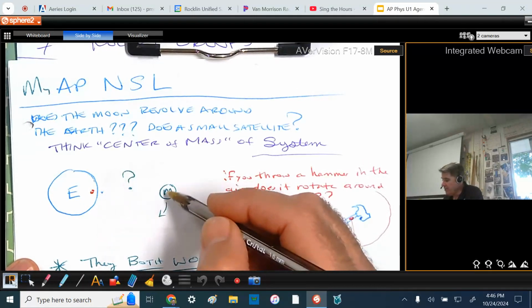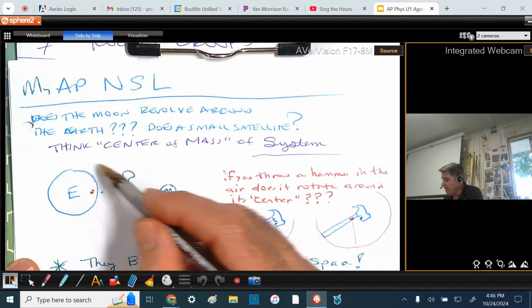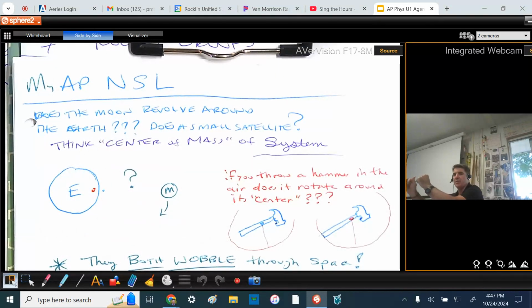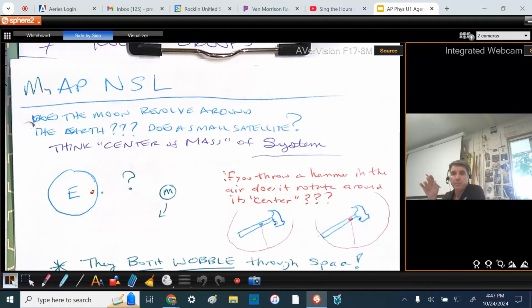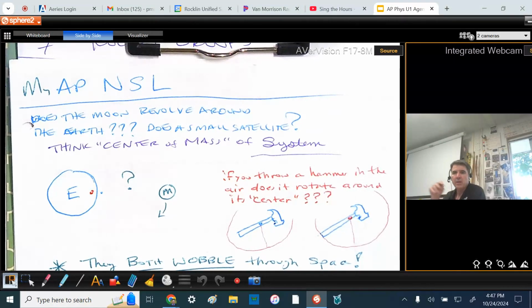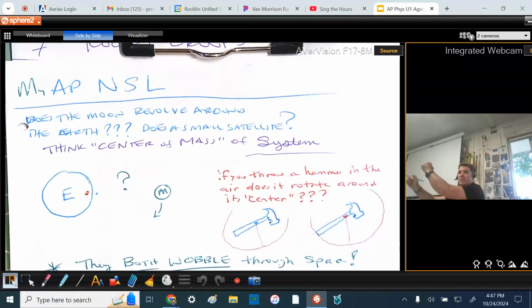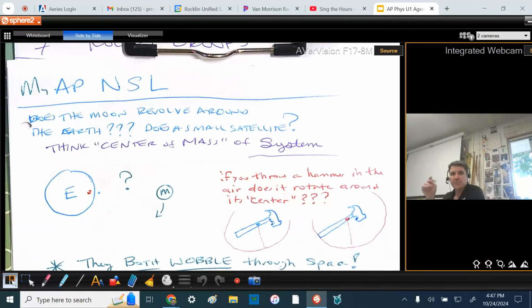As the moon goes around and the Earth goes around, they kind of wobble around each other. If you can picture a double star system, like in Star Wars, they have some binary systems, and the stars are rotating around each other, right? Anyways, the objects actually rotate around the center of mass.